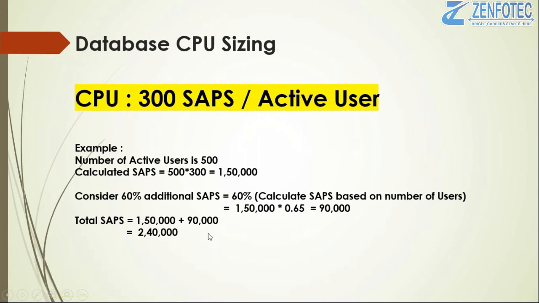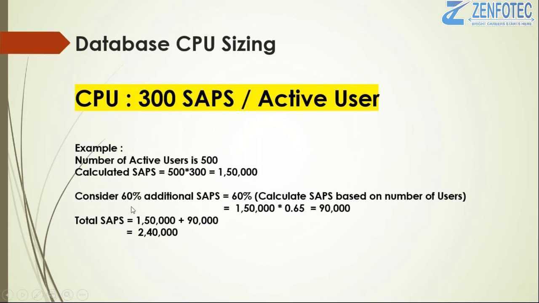So as a thumb rule, consider 60% additional SAPs on the calculated SAPs. 60% of this comes to around 90,000, and the final figure will be this plus 90,000, so it comes around 2 lakhs 40,000.